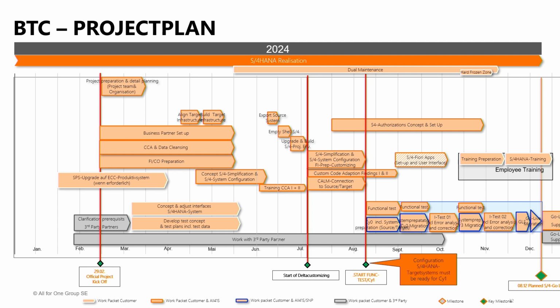We bring in a lot of experience from the last years on the best way to implement the business partner, the change of the finance, and so on. We handle these simplification items, and we have best practices for all of it. There is no problem. We have implemented the business partner. We have to do the custom code adaptation, data cleansing, FECO preparation, and so on. We work on these simplifications, then the S4 configuration, and then we started with the first cycle.